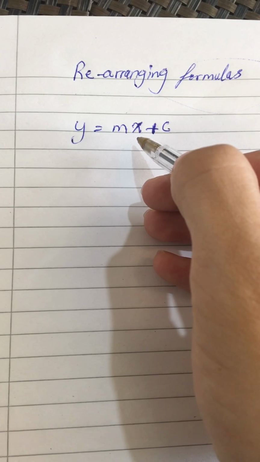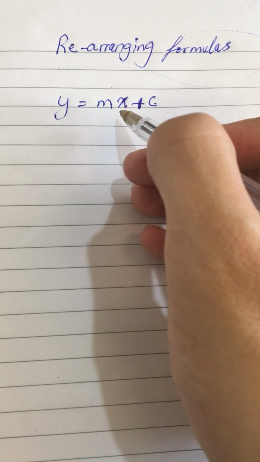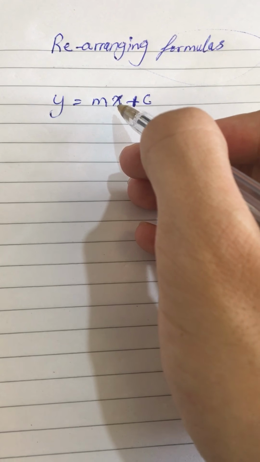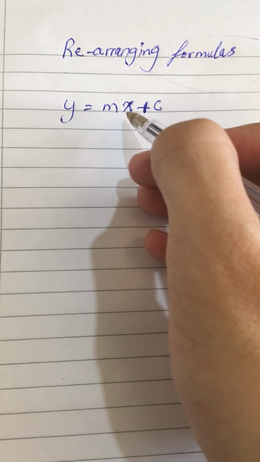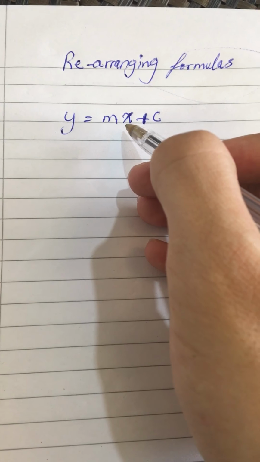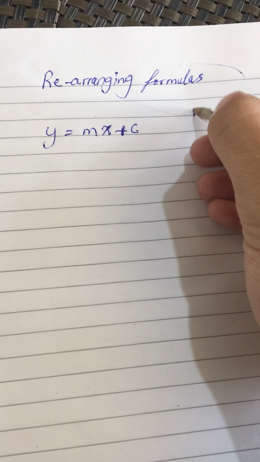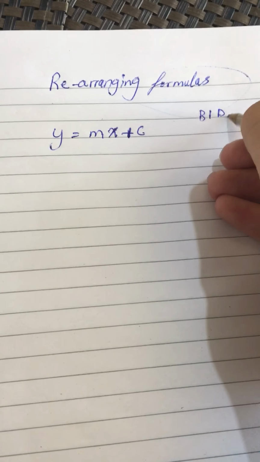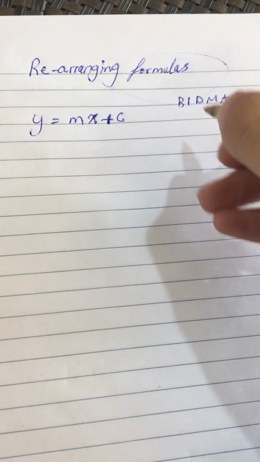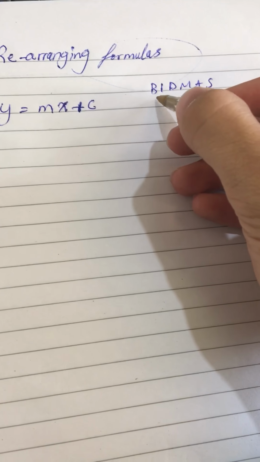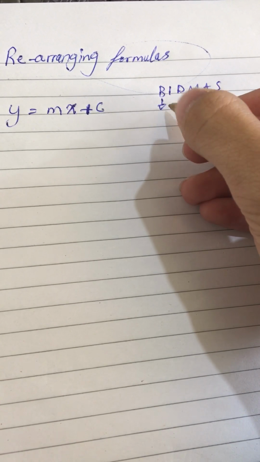So what do you guys think I should do in order to make x stay on the right hand side and the rest go on the left side of the equation? Well, we are going to use a rule called BIDMAS. That translates to B for brackets, so we do brackets first.